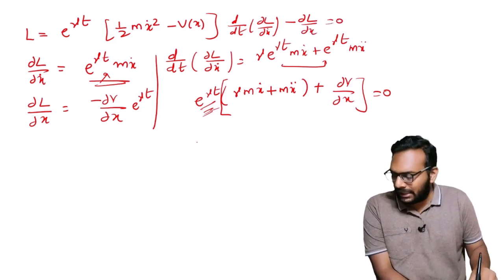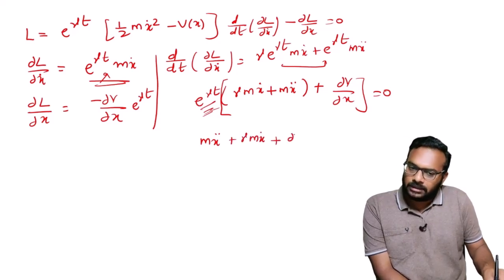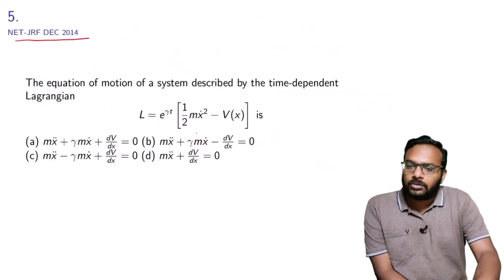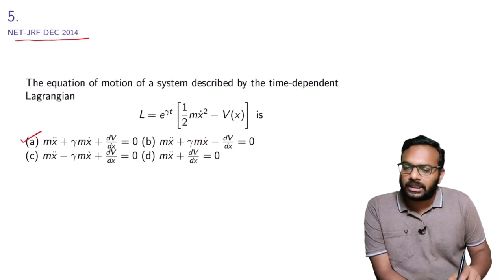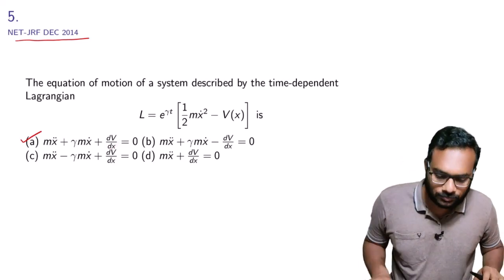So the final answer becomes m x double dot plus gamma m x dot plus dou V by dou x equal to 0. That's the answer. Do we have that answer here? Yes, that's right. That's option A, I think. That's correct. So that's the right answer.